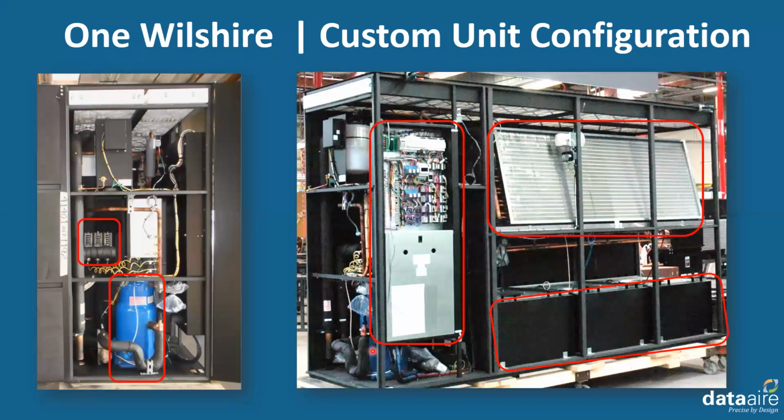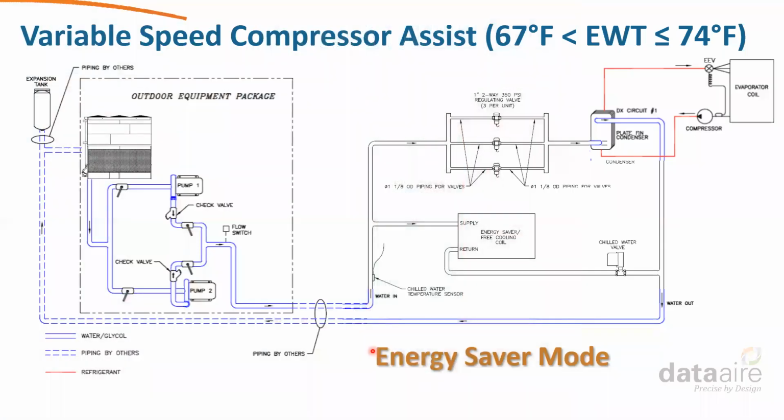Now we're going to look at the circuit itself. The unit has 3 modes of operation, but only 2 modes will actually be used on the One Wilshire building. The mode shown here is the compressor assist mode. What that means is both the compressor and the energy saver coil will operate simultaneously to minimize energy usage.